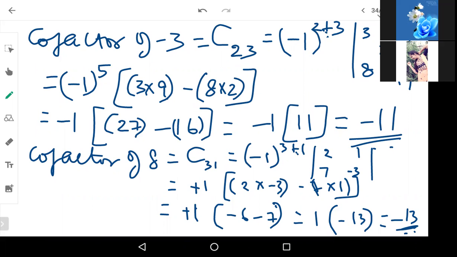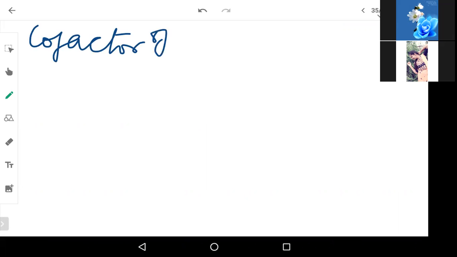Good. Now, next cofactor. Minus 13. Good. Next, cofactor of 9. That is third row, second column. Correct. Minus 13 is correct. Do the next one.